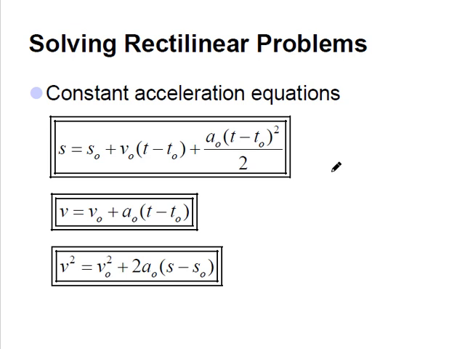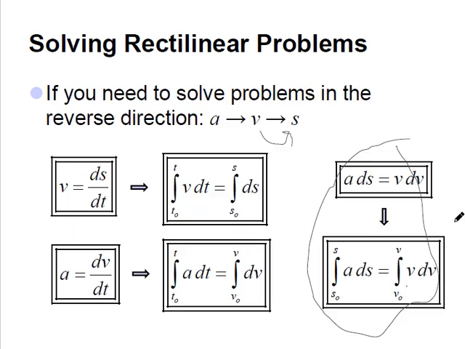And the most important thing, let me go back one slide. The most important thing is this. It means that you should be able to solve backwards. You gotta know how acceleration, velocity, and position are related.